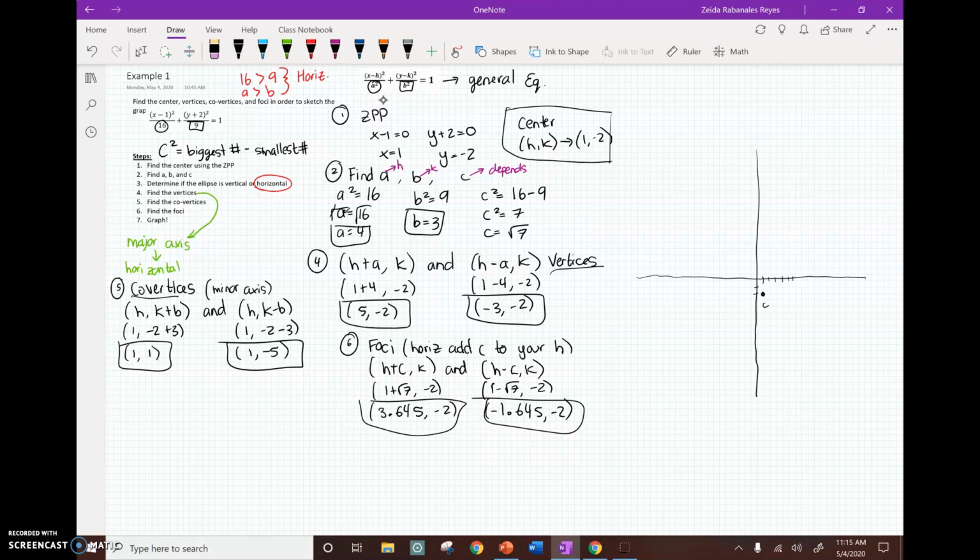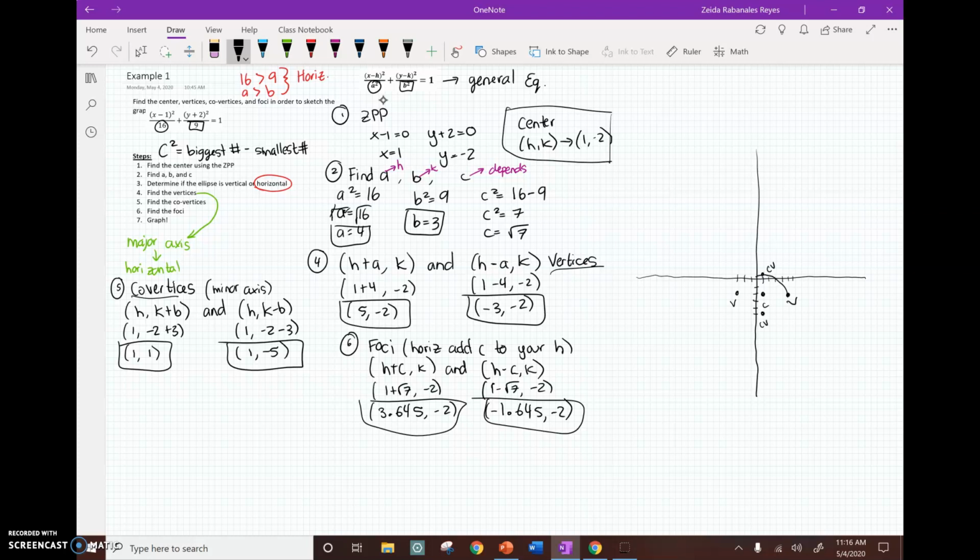That's actually 6. So then my 5 lands here at negative 2. Negative 3 comma negative 2. So that's the vertices. Now I need the co-vertices, which are at 1 comma 1 and 1 comma negative 5. 3, 4, 5. Co-vertice, co-vertice.